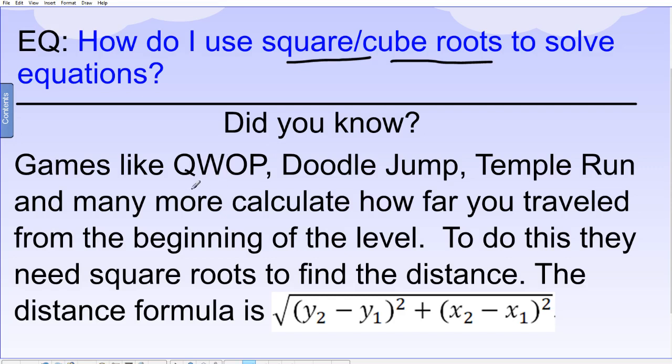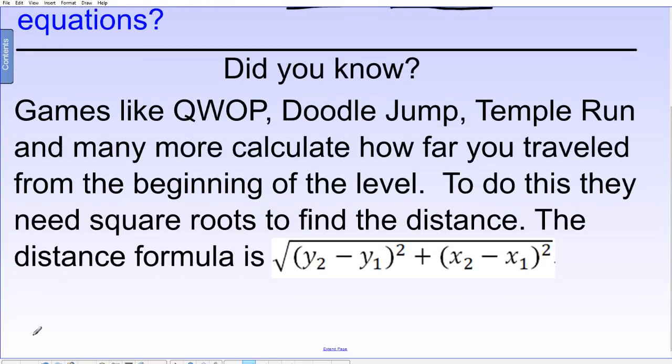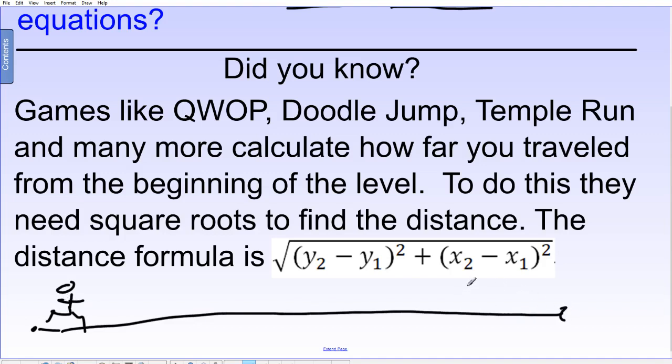Did you know games like QWOP, Doodle Jump, Temple Run, and many more calculate how far you traveled from the beginning of the level? And the way they do this is they need to use a square root to find your distance. So they record where you are at the beginning of the level here. And then if you're playing like QWOP, where you have to make your little man run a certain distance, they record how far you got in the end, and then to find a distance, they use this little formula.